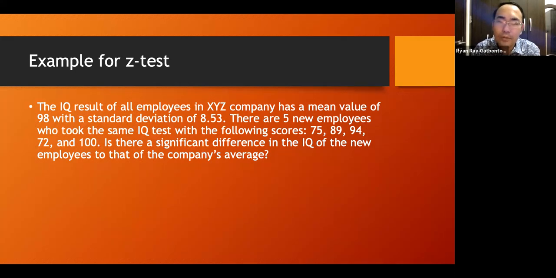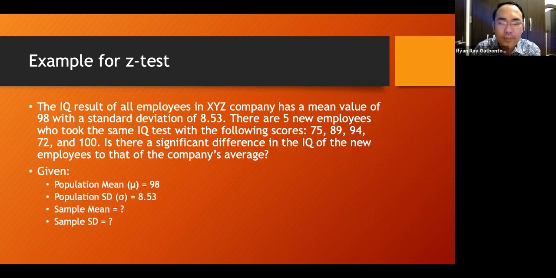Now, it is important to note when doing a z-test to identify the population mean, which in this case is given, and the population standard deviation, which are 98 and 8.53 respectively. Now, we have to find the sample mean and the sample standard deviation.